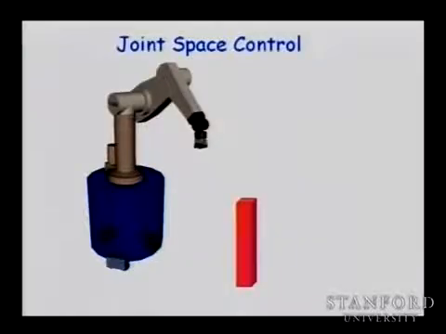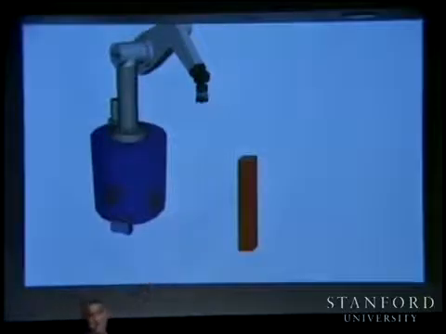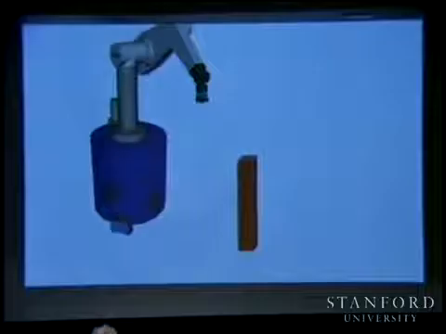So here is a robot, a mobile manipulation platform, and our goal is to move this robot and its end effector to this goal position to grasp this object. So how do you do that in joint space control?